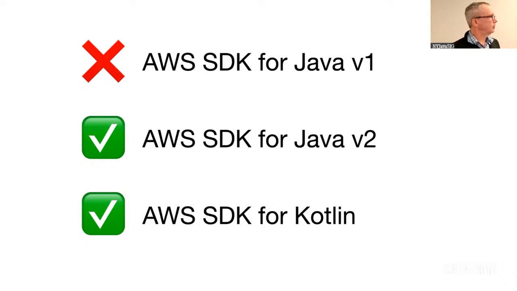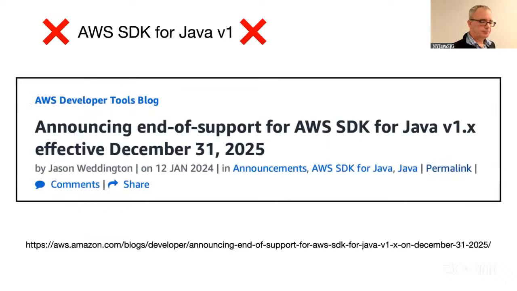You also have the option to use a Kotlin SDK, and that has separate artifacts in Maven for that. And the reason you don't want to use the V1 SDK is that Amazon announced the end of life for it. And so 12 months from now, there will be no further support for the V1 SDK.